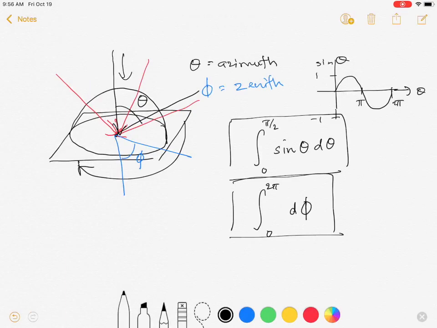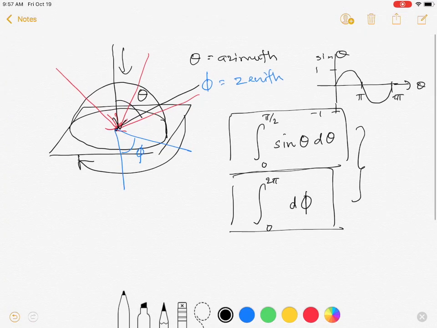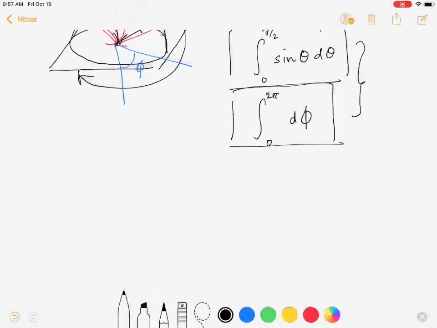aspect of the sphere. Now we combine these two equations to sum up all of the light that comes to the point from this hemispheric source. So we do that by a sum over the sum.